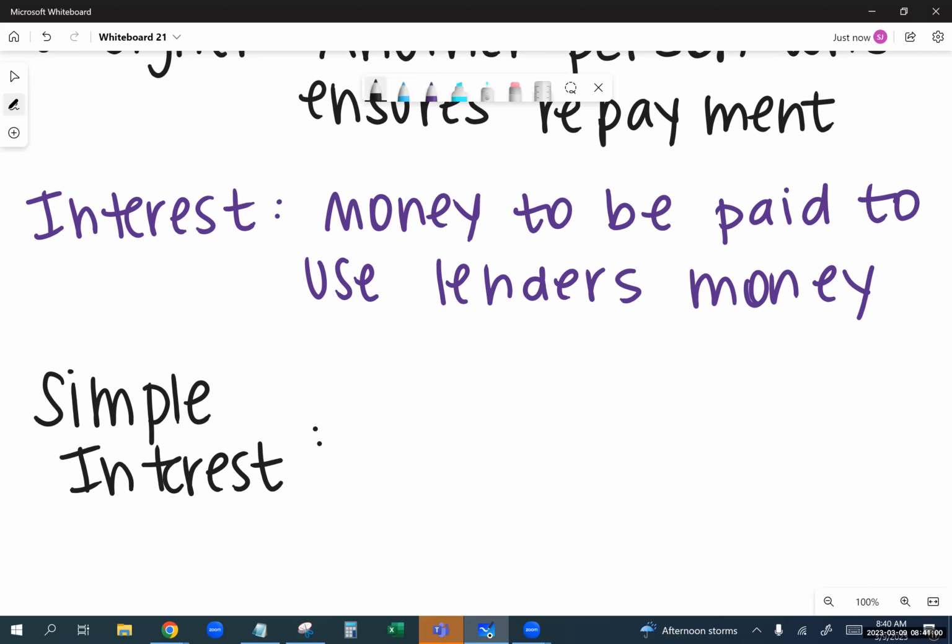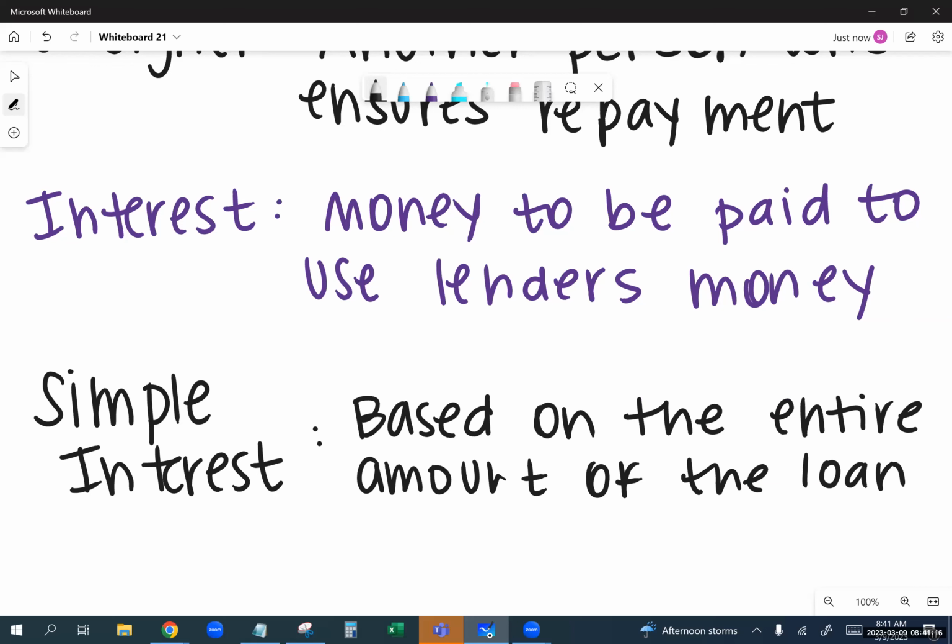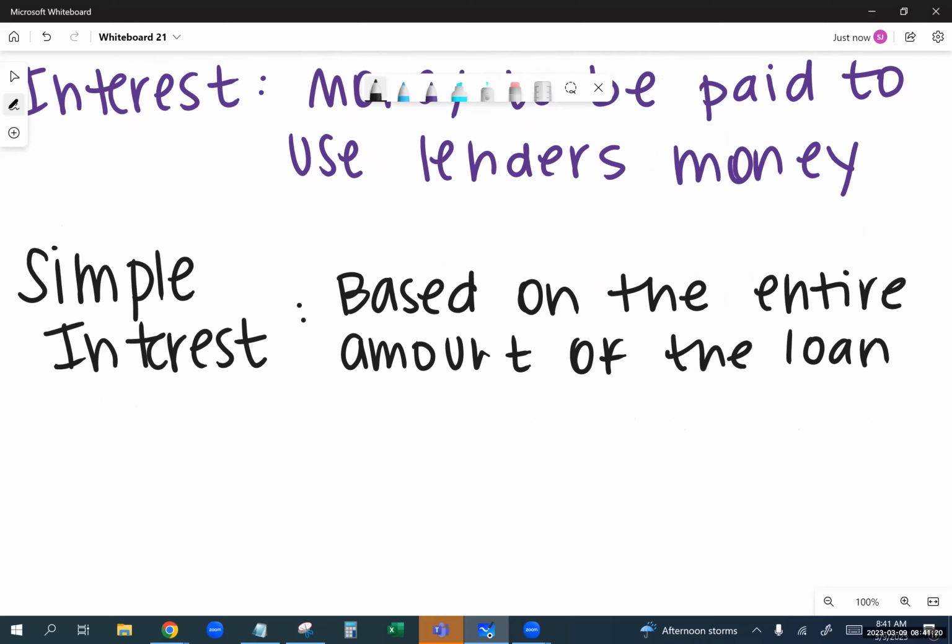Okay, so simple interest is based on the entire amount of the loan for the total period of the loan.